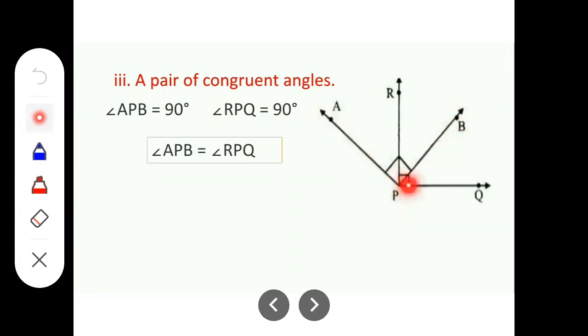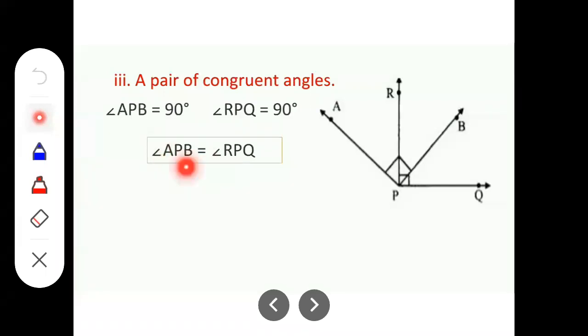And the first angle we drew, angle RPQ, is also 90. So those are congruent to each other. The measurement of APB is 90 degrees and angle RPQ is equal to 90 degrees. As the measurement of both angles is the same, they are congruent to each other.